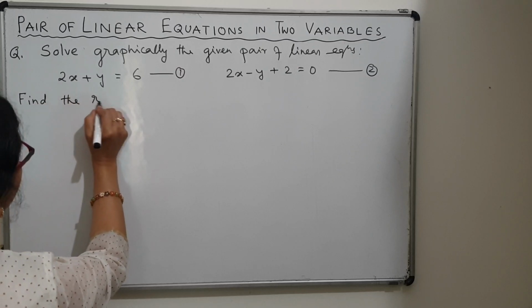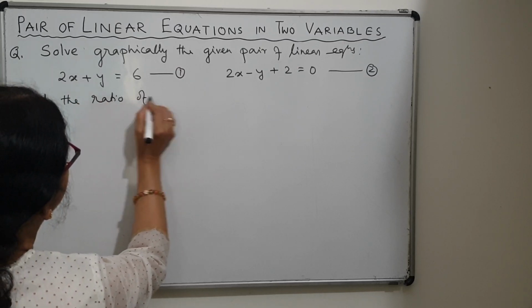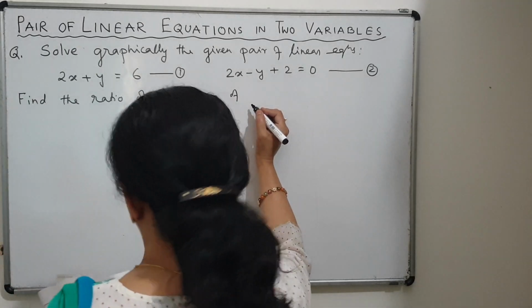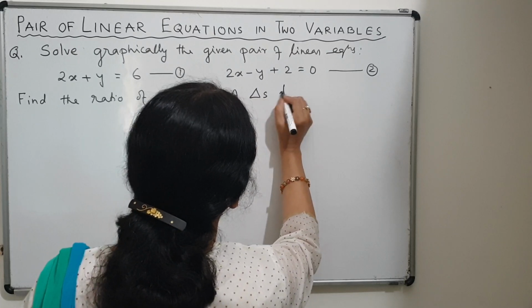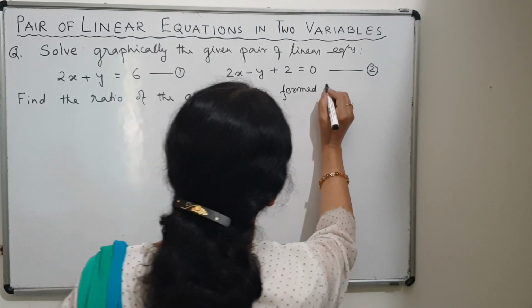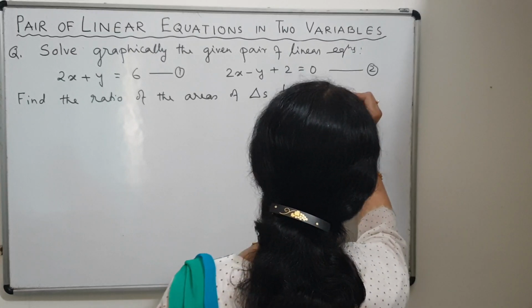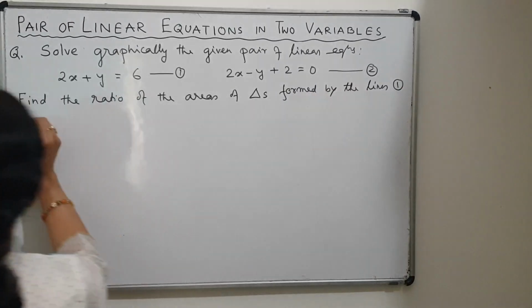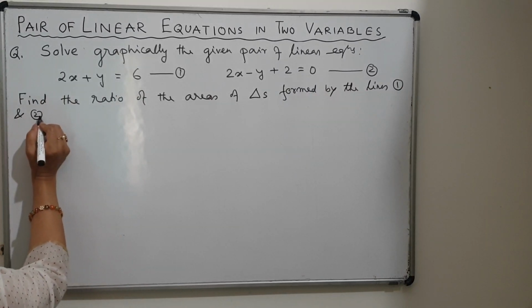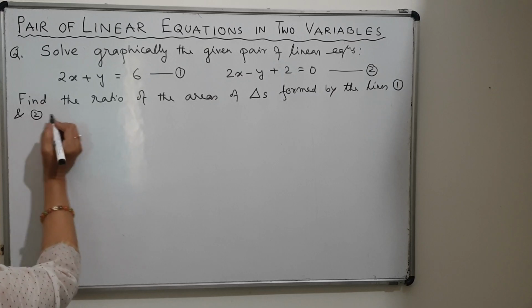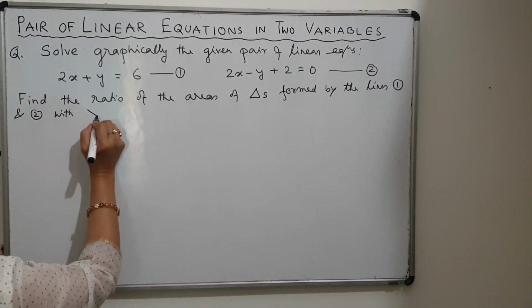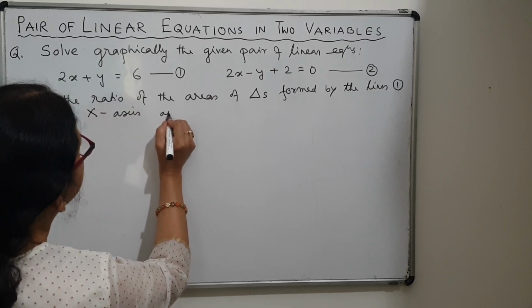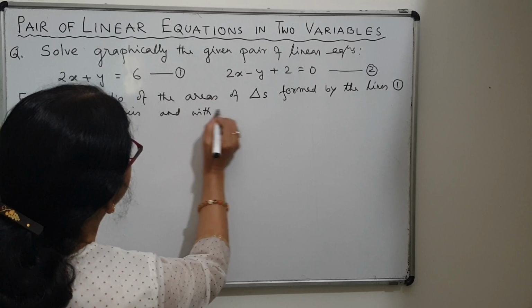Find the ratio of the areas of the triangles formed by the lines 1 and 2 with x-axis and with y-axis.